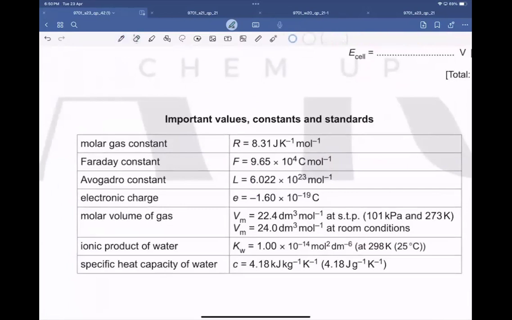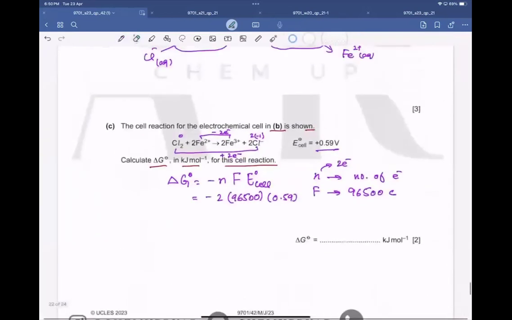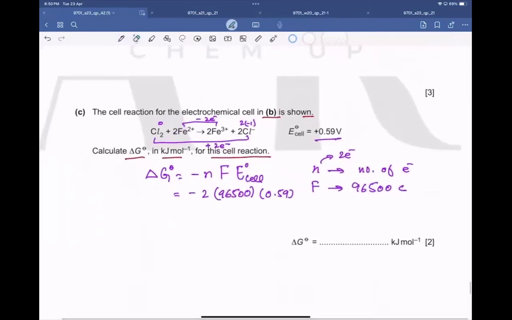So can anyone calculate it and tell me the answer, please?